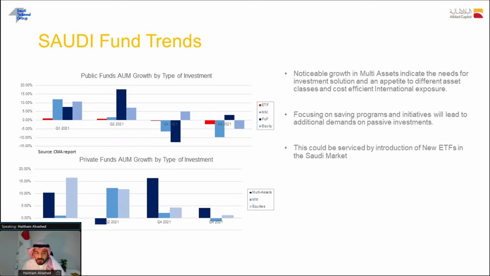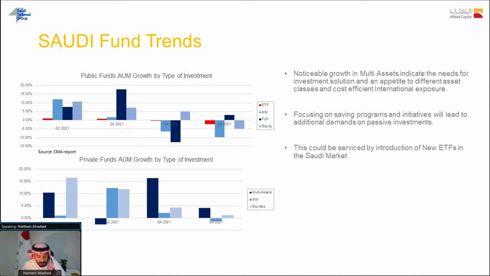Again, on the other side, when we talk about the global trend, what is the driver of the global trend of ETFs? We've mentioned the robo-advisory and the saving solutions provided to individuals or retail investors. Same here in the Saudi market.